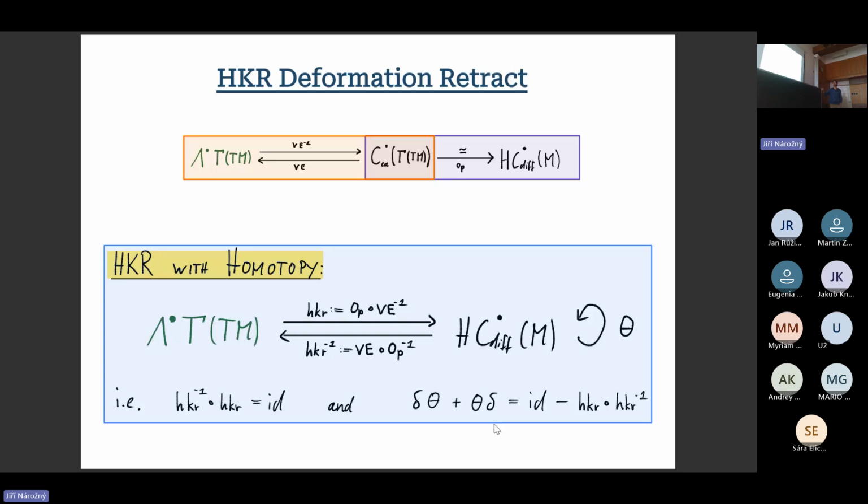But now we not only have this map and the fact that it is an isomorphism in cohomology, we actually get a quasi-inverse by using the inverse of the symbol map and the quasi-inverse from the Van Est double complex. And moreover, we get a homotopy. Recall again, everything we did was global.